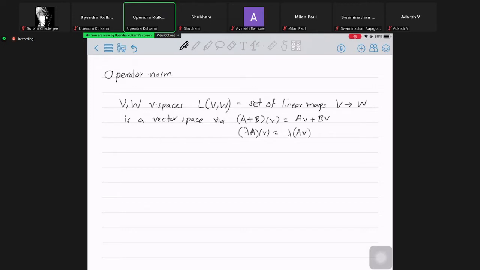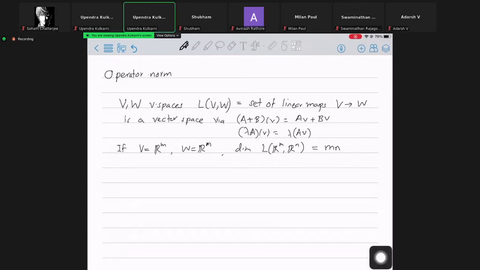Okay. So it's natural to wonder, can I put a norm on this? And we will do so in the finite dimensional situation. So let us say these are finite dimensional vector spaces, R^m and R^n. Then what is the dimension of L(R^m, R^n)? It is m times n.